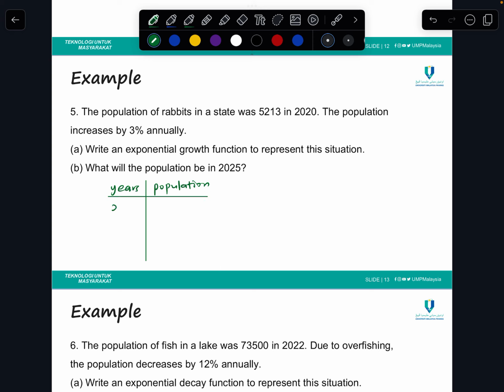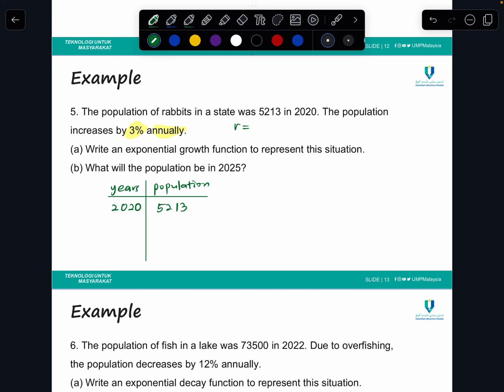The first sentence states that in year 2020 the population is 5213. The next info is about rate. The population increases by 3% annually. So we can regard this as r.